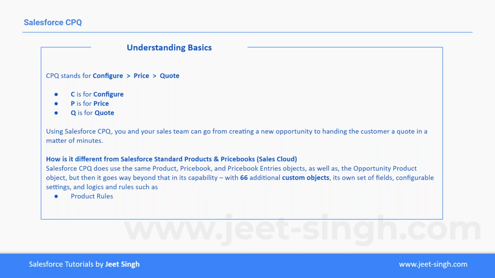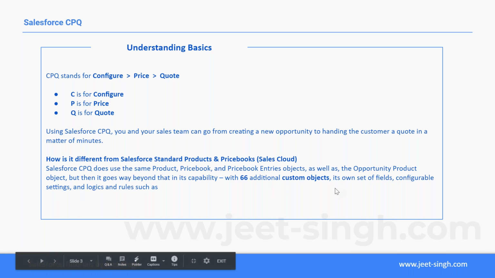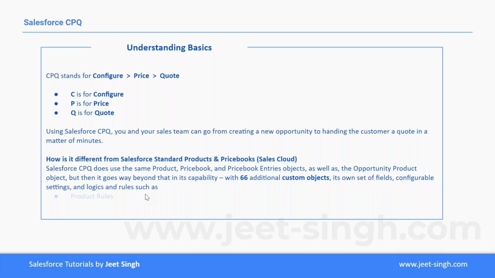Along with the 66 additional custom objects, it has its own set of fields, configurable settings, functionalities, business logic, and rules, such as product rules and pricing rules.